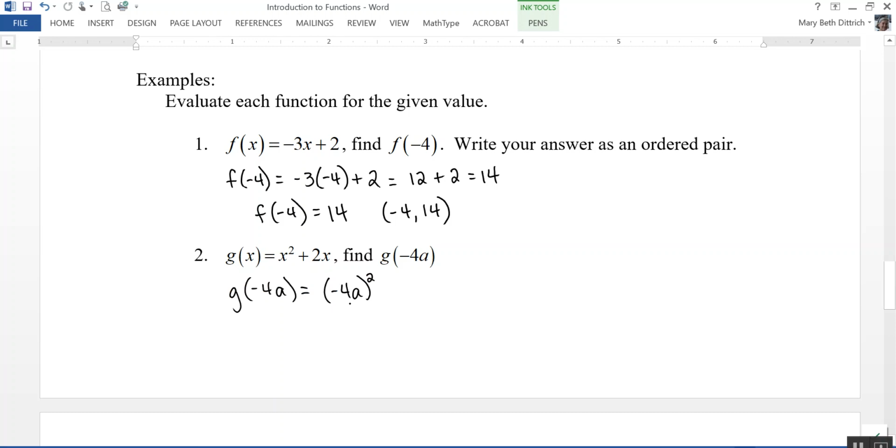Notice it's going to be the whole thing squared, so I use parentheses, plus 2 times negative 4a. So negative 4a squared gives me a positive 16a squared, and 2 times negative 4a gives me negative 8a. So g of negative 4a is equal to 16a squared minus 8a.